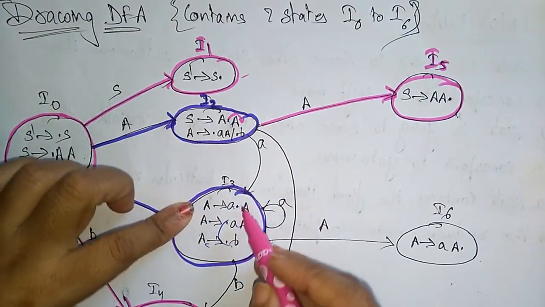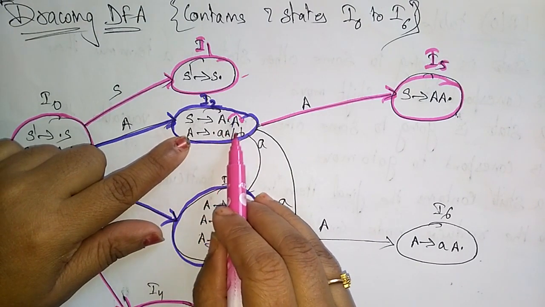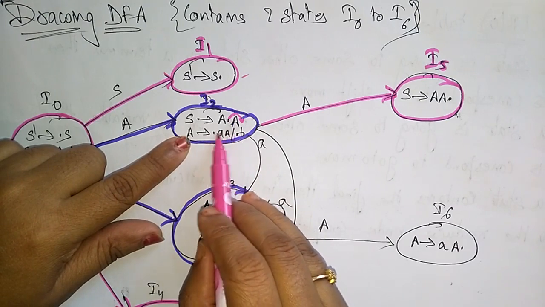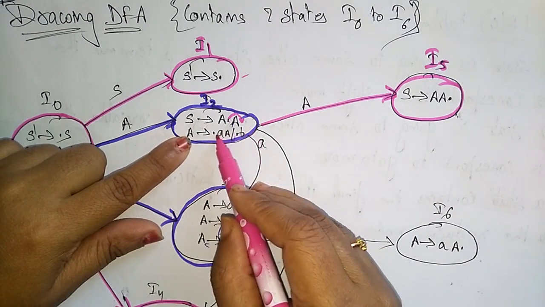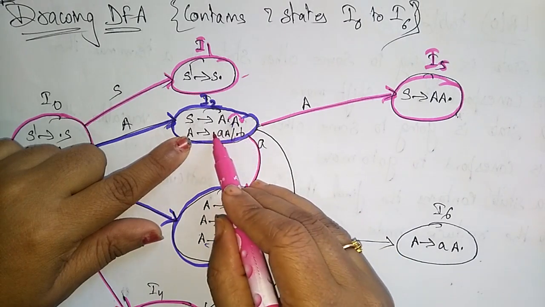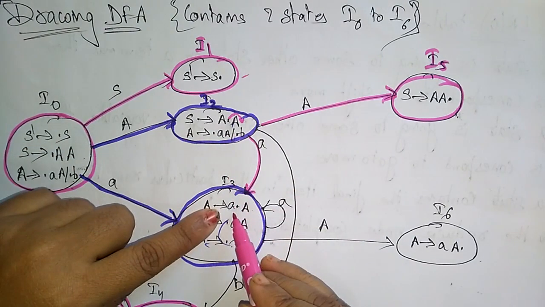coming to here. Still here A determines dot A and A determines dot B. Because after the dot, if you see A, the input is A. If the input is A, it becomes A dot A. A dot A is already written in I3.